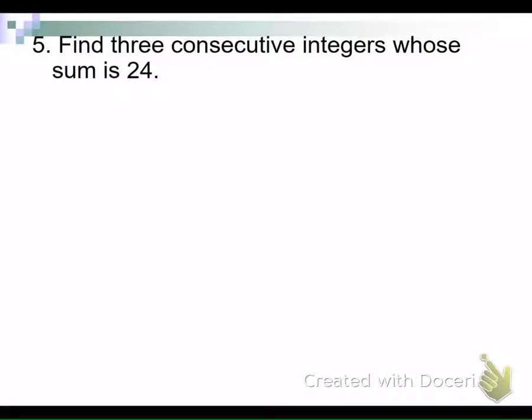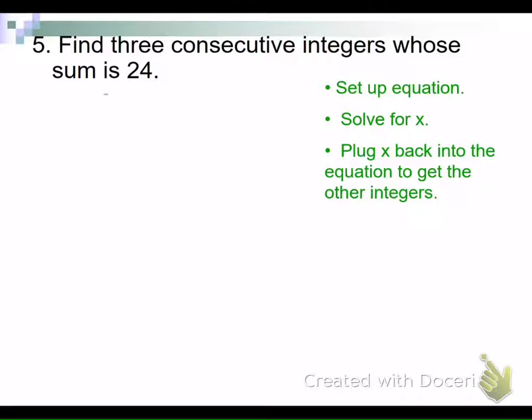Number 5 says find 3 consecutive integers whose sum is 24. Consecutive integers are integers right in a row. So I'm going to call the first integer x. I'm going to call the second integer x plus 1.